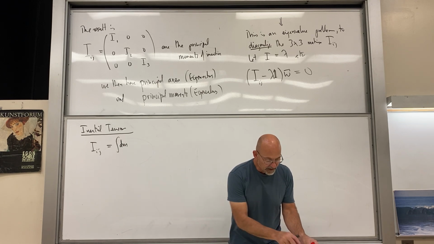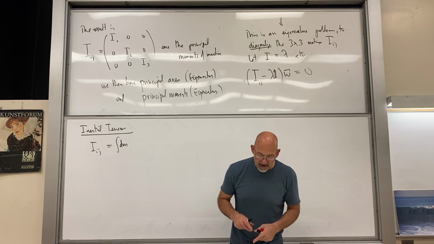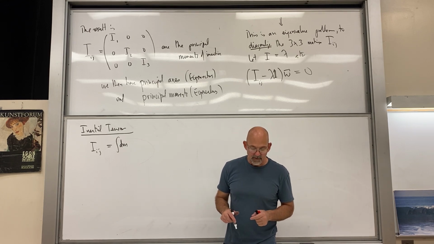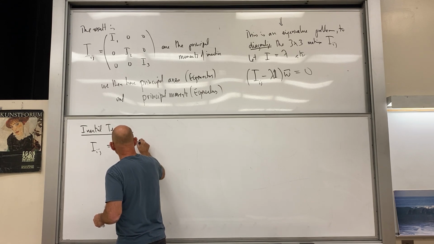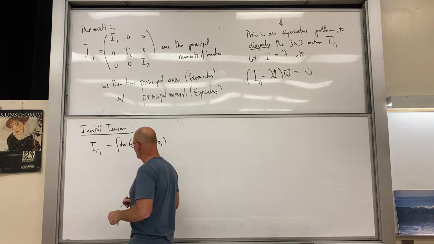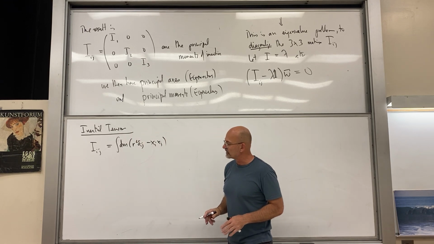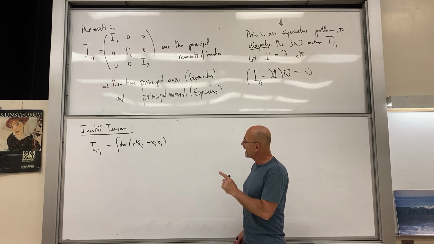I don't want to write the whole thing out, but I thought I would just put that definition. The 3 by 3 matrix I'm not going to write out. So let's just do the r squared delta ij minus xi xj. We'd already seen what happens. The diagonals look completely normal to us. Okay, so we have that.